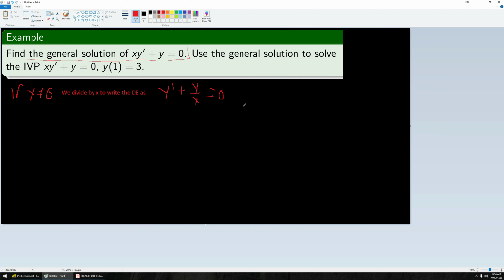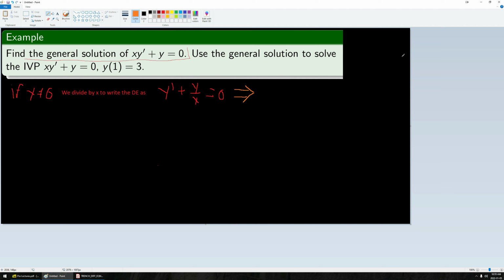Okay, so now the next thing I would want to do is ultimately get these y terms together. So I'd want to divide this whole expression by y. Well, that potentially poses an issue, right? If I want to divide by y, it better be the case that y is not equal to 0. To do this, I'll assume that y is not the trivial solution. If y isn't 0 everywhere, then since y is going to be a solution to this equation, it needs to be differentiable and thus continuous.